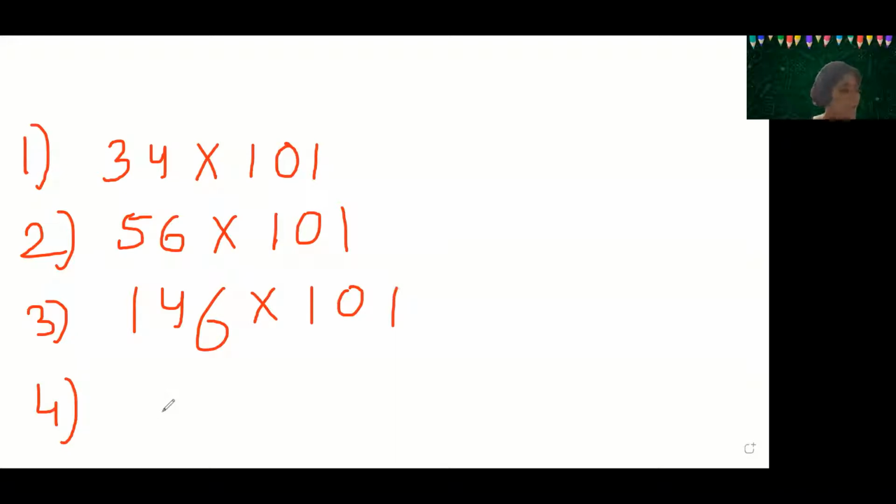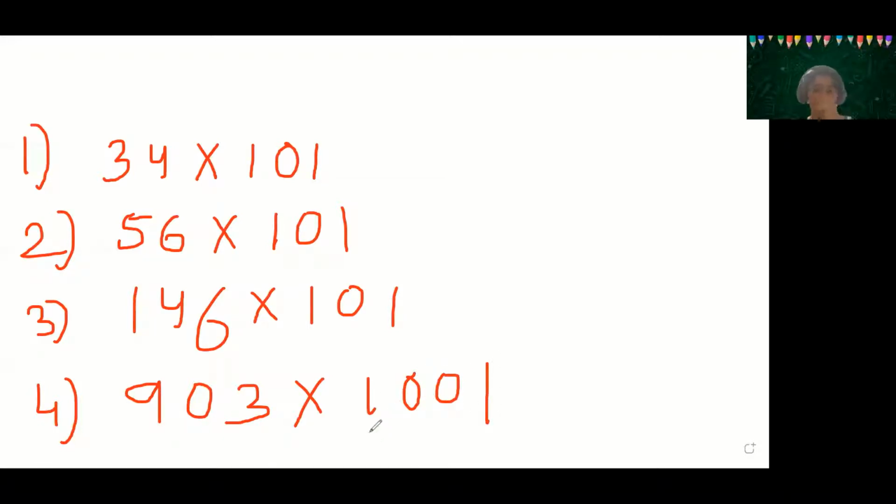The fourth sum is 903 times 1001. You can do these sums, then I will explain to you. Just write the answer fast. So you can tell me the answer fast.